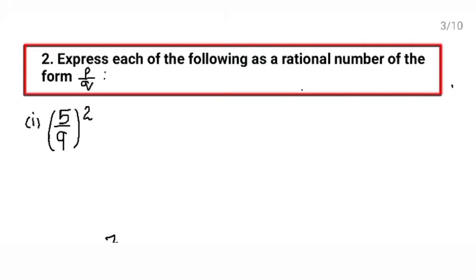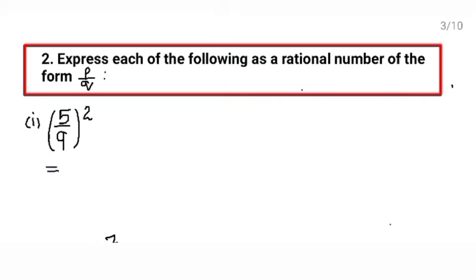So this is your answer. Next question. Express each of the following as a rational number of the form P upon Q. They have given in exponents, that means in the power notation, and they are asking to write it into the form of fraction, or you can say rational number, which is in the form of P upon Q. So this is 5 upon 9 raised to the power 2.